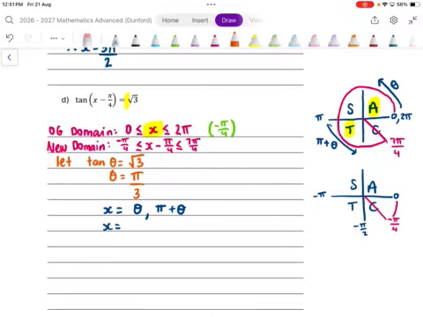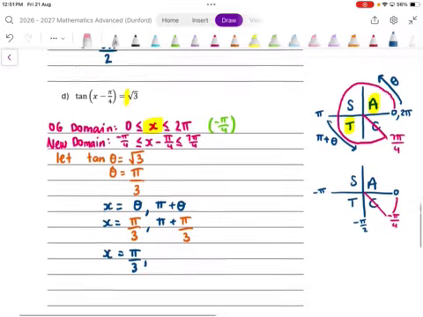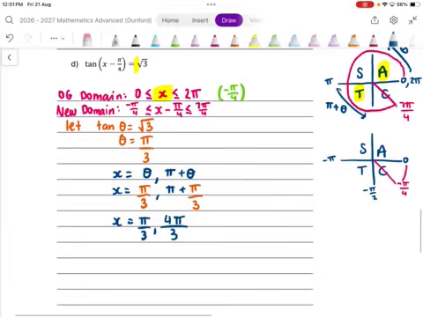So we have that x is equal to our pi on 3 and pi plus our pi on 3. Now, we don't have to do anything to our pi on 3, so x will just equal our pi on 3. But we need to work out what pi plus pi on 3 is. Our calculator will handle that. So it will be 4 pi over 3. And that's it.